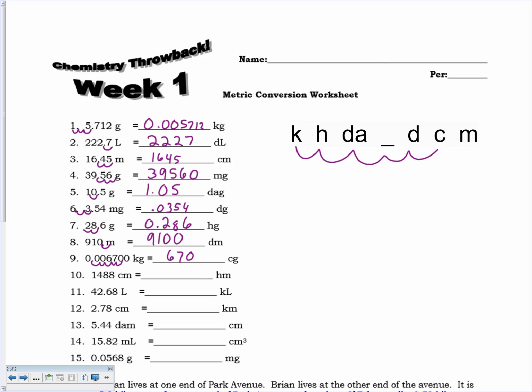So we've got 1,488 centimeters to hectometers. So going centimeters to hectometers, it is 1, 2, 3, 4 spots going there to the left. So we're going to start here, 1, 2, 3, 4 spots there. You get 0.1488.